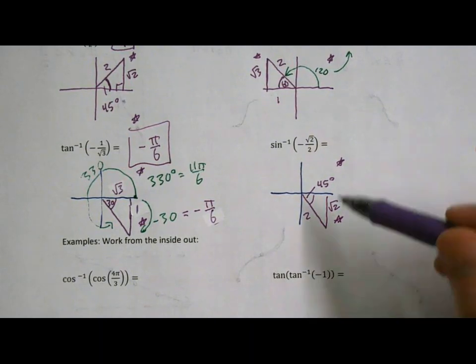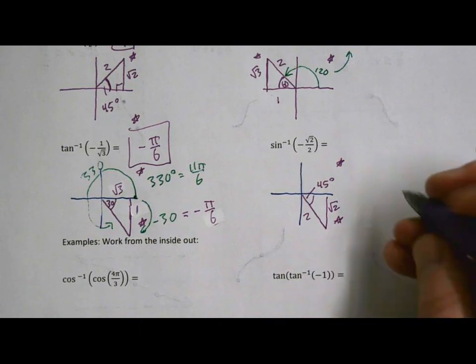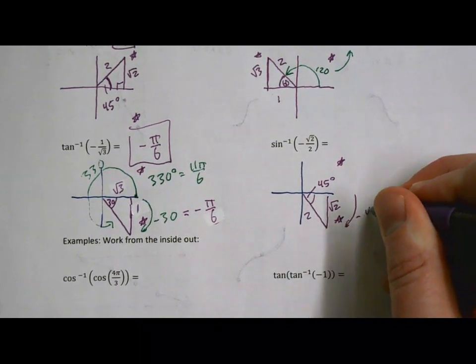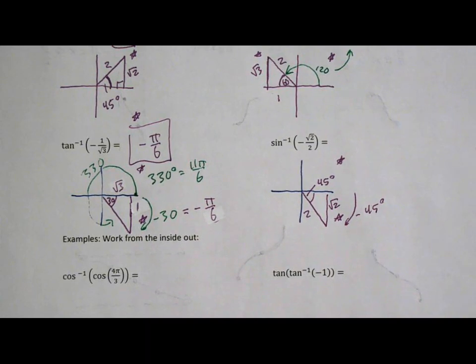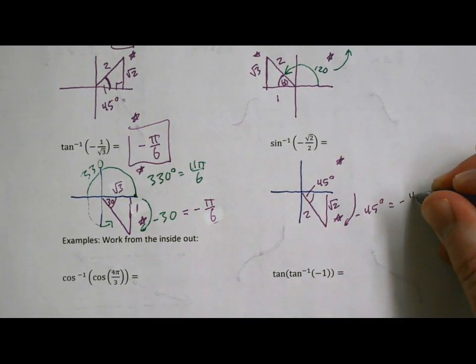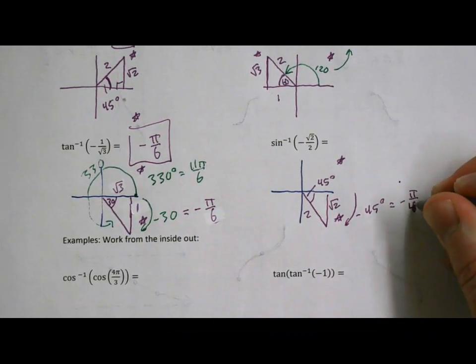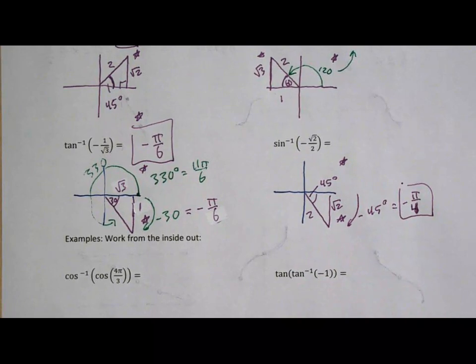Am I going to rotate from 0 positive all the way around? Nope, that's going to be too big. It is negative 45 degrees. That fits into my range. Negative pi over 4 for my final answer. How many people were able to get negative pi over 4? What questions do you have at this point?